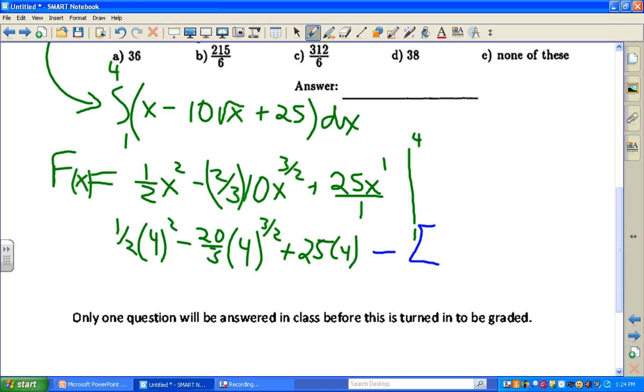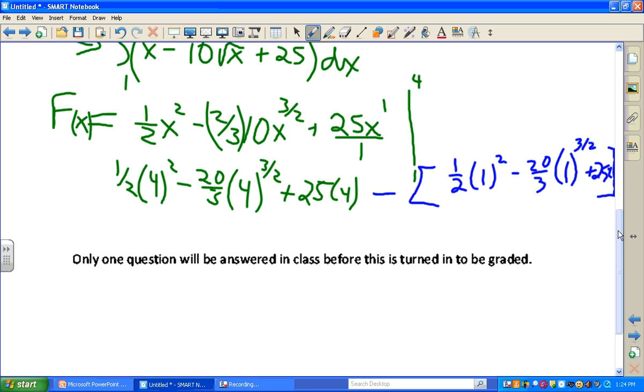I mean, you're supposed to subtract the whole thing. Some people just subtract the first term. You subtract 1/2, 1 squared, minus 20/3, 1 to the 3/2, plus 25 times 1. Then you close it off. So you subtract all that.